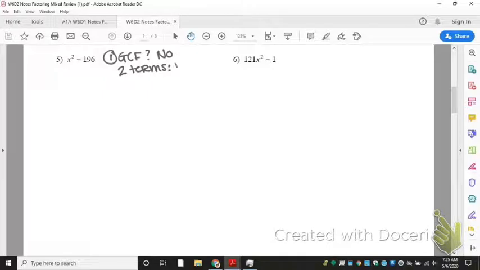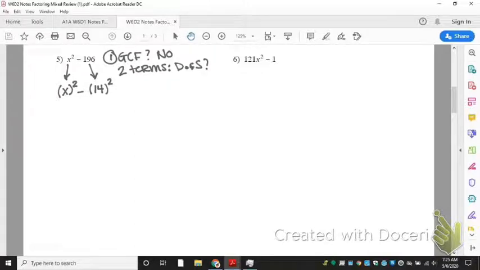Is it a difference of squares? In this case, it actually is. The square root of 196 is 14. So x squared minus 196 is x squared minus 14 squared.